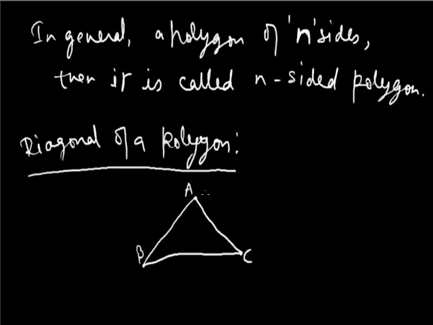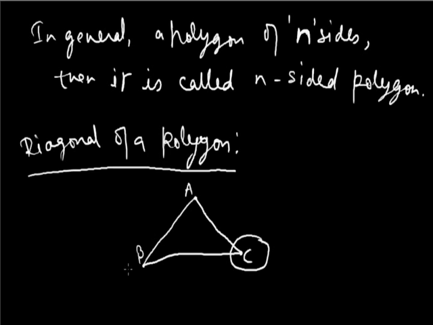So the diagonal of a polygon is a line segment joining any two non-consecutive vertices. In a triangle, if I take vertex C, then its non-consecutive vertex means the vertex which is not on either side of C, a non-adjacent vertex.